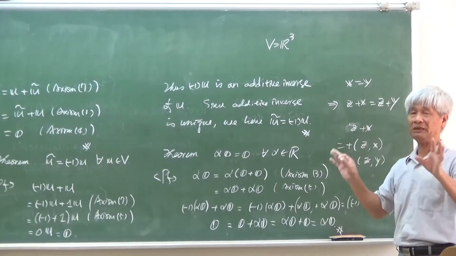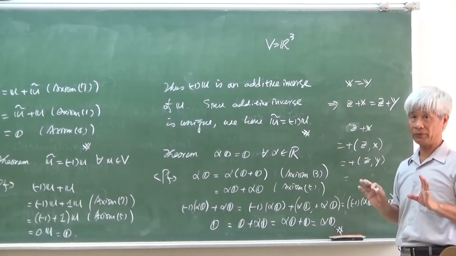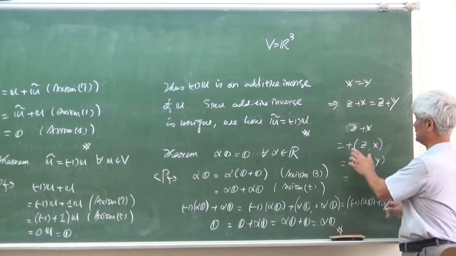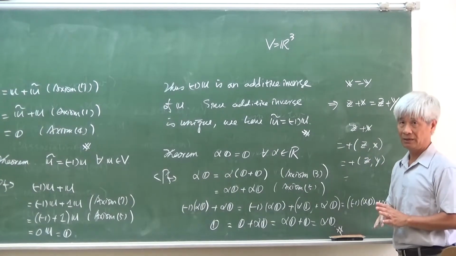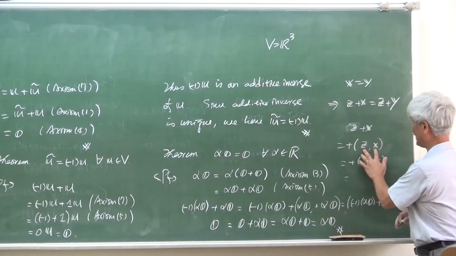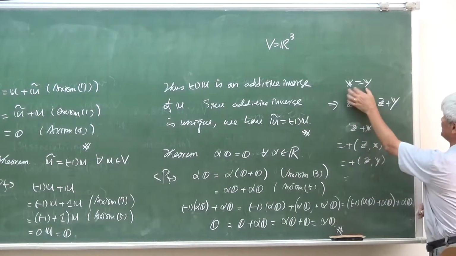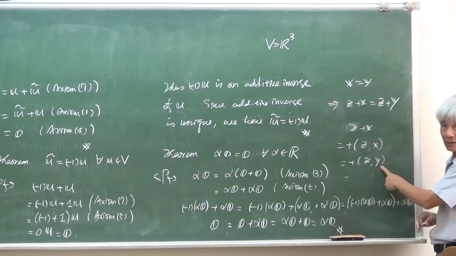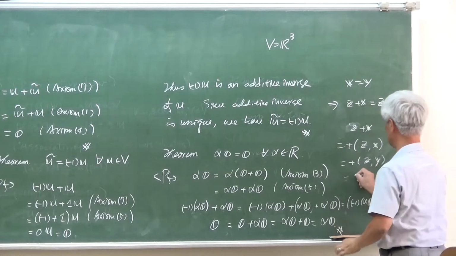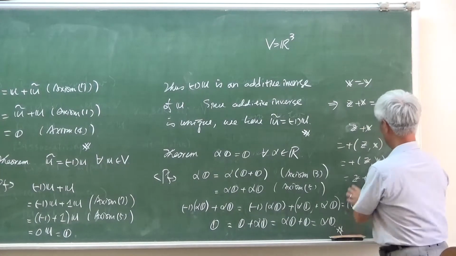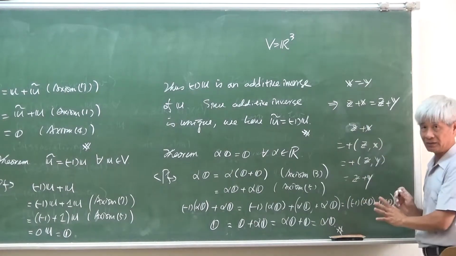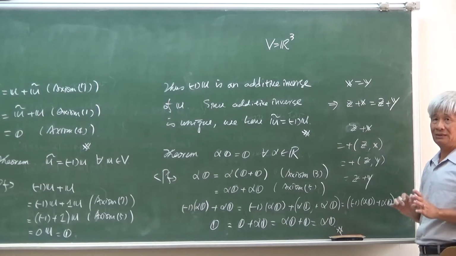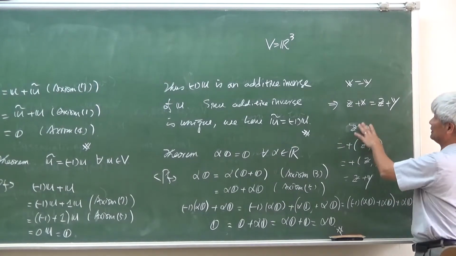I can show you many different examples later, but you should admit that it is a function operating on two arguments. And because x equals y, I can replace x by y, right? And what is that value? It's just z plus y, because z plus y is the expression for that function value.